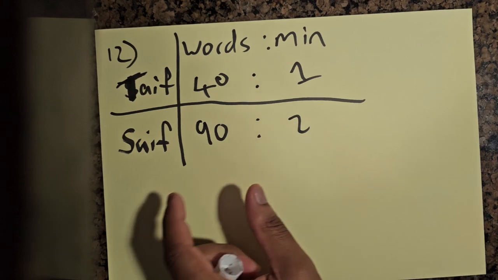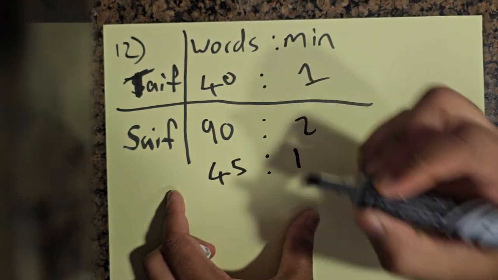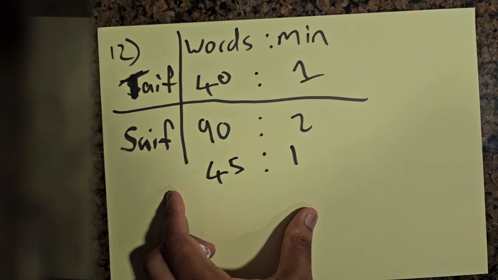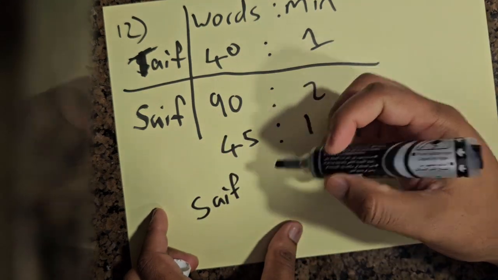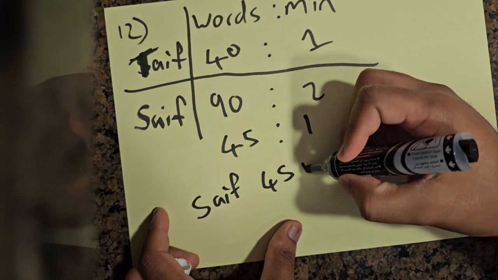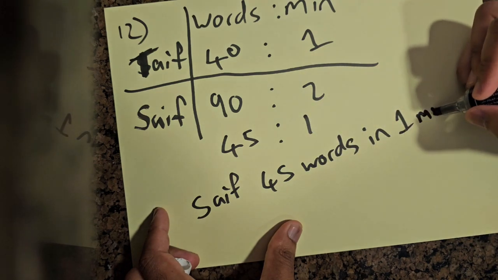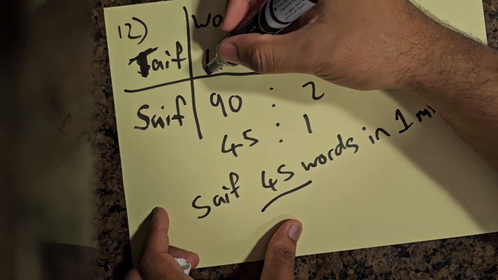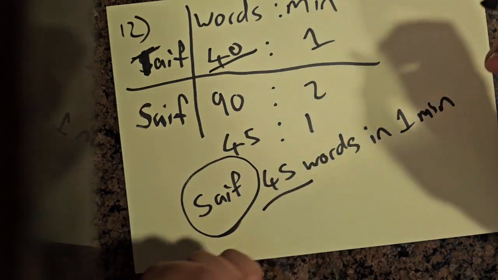So 90 divided by 2 would be 45 is to 1. 2 goes into 2 once, 2 goes into 90, 45 times. So that means Saif does 45 words in 1 minute. Since he does more words in a minute than Dave does, that means that Saif is faster.